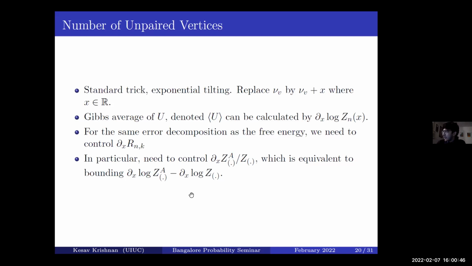So if you go back to that expression of R and K, you had these ratios of partition functions with corresponding edges in that layer excluded. You need to control the derivative of that ratio. And controlling the first derivative of the ratio is equivalent to controlling the derivative of the difference of the logs.